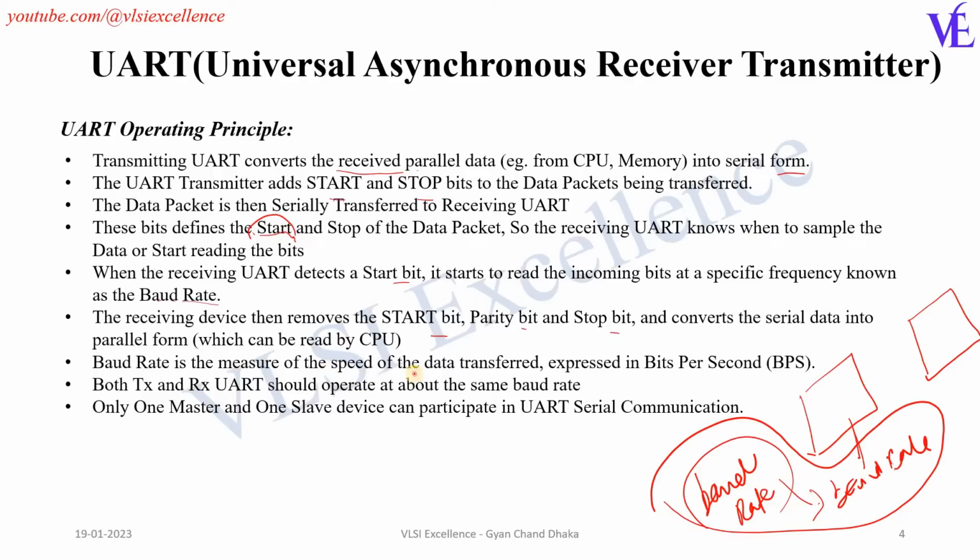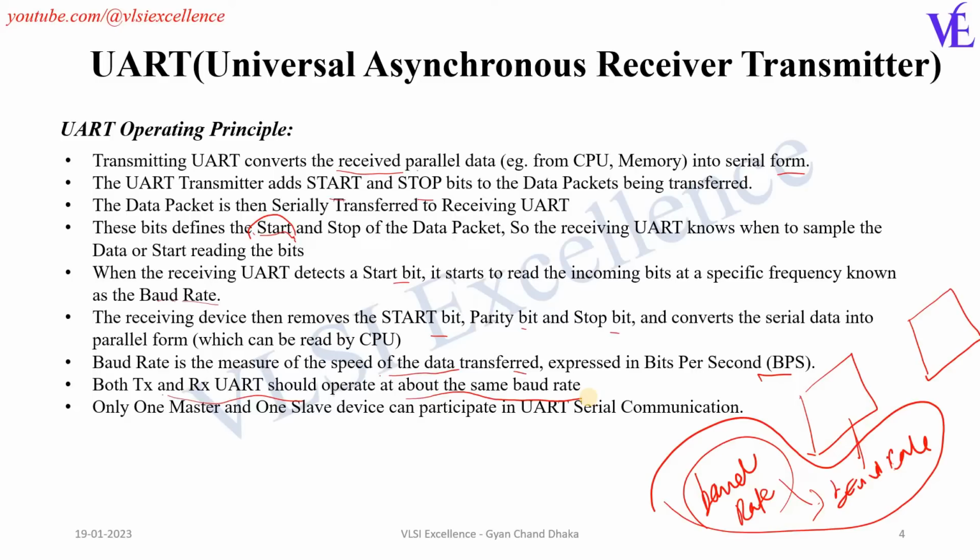Baud rate is the measure of the speed of data transferred, expressed in bits per second. So both TX and RX UART should operate at about the same baud rate.